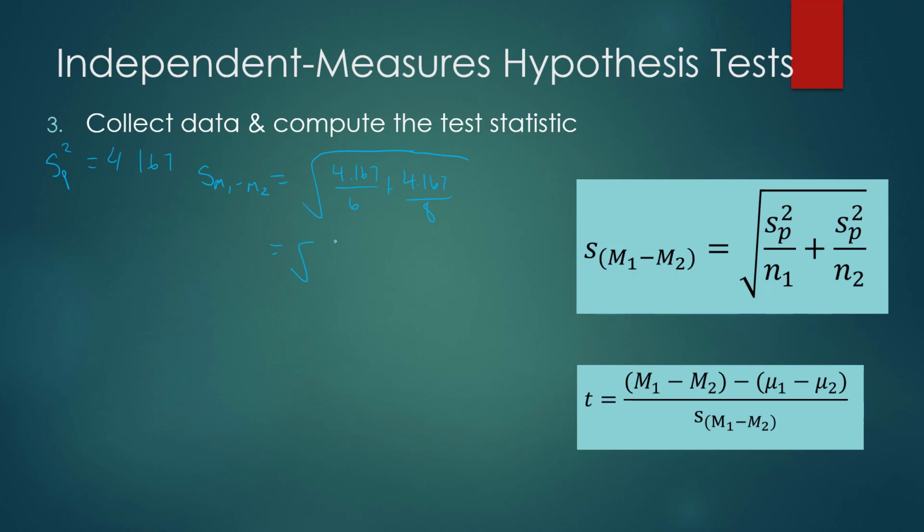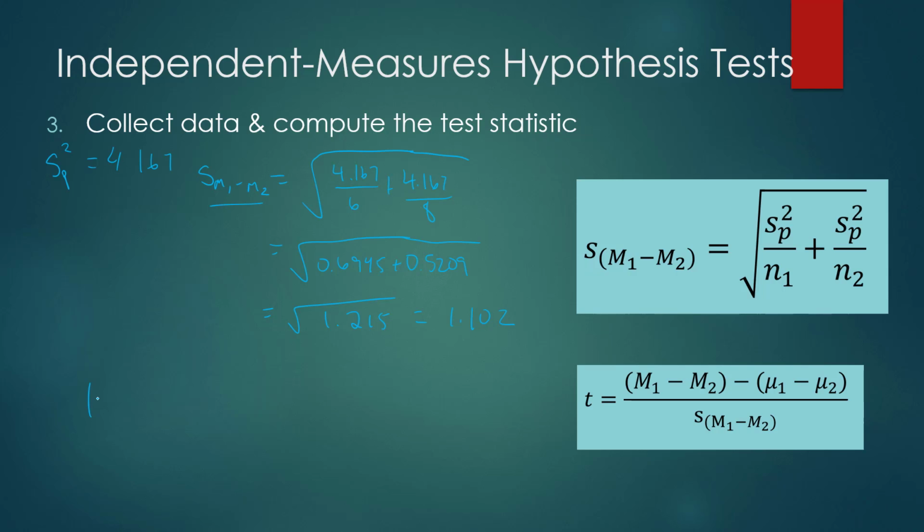That's going to give me the square root of 0.6945 plus 0.5209, which gives me the square root of 1.215, which ultimately equals 1.102. So this is my estimated standard error.